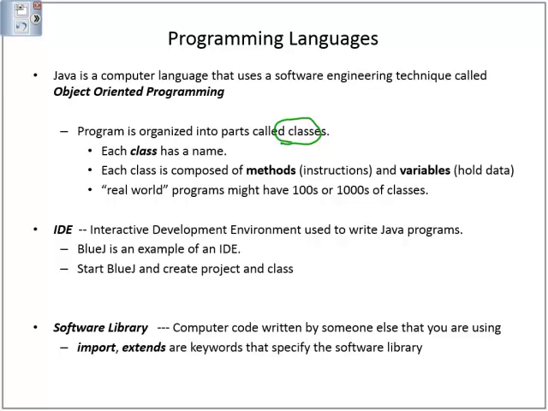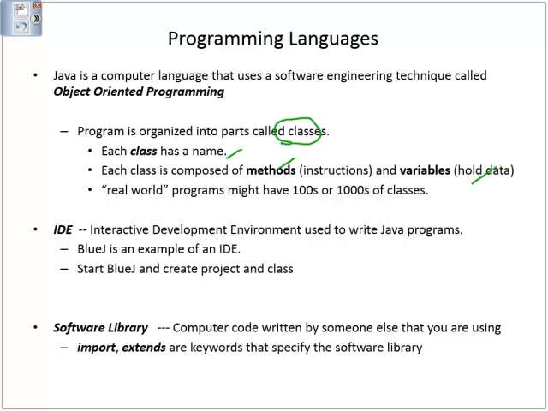So every class has to have a name. We'll see some examples of classes in a minute. Every class consists of one or more methods, and the methods are essentially the instructions that make up your program. In addition to the instructions, there are also names of objects called variables.